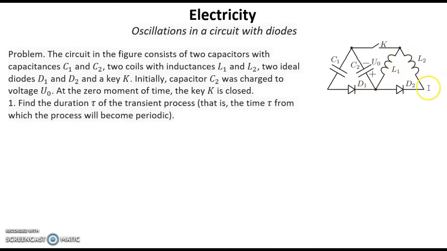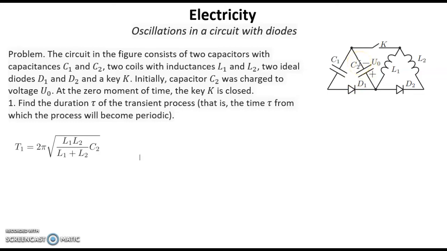We have two coils in parallel, so we have this formula for the period. This is the inductance for two parallel coils. But this process will extend until the charge on this capacitor is zero.